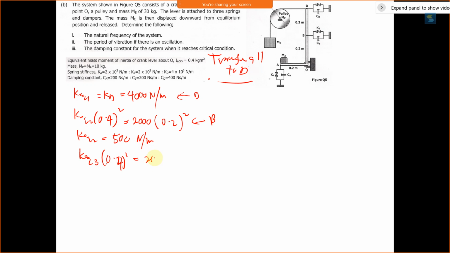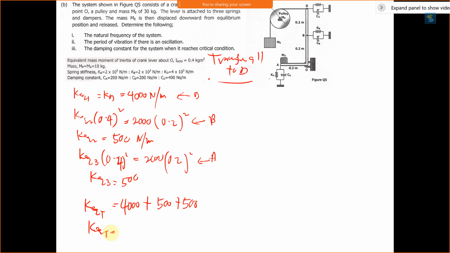KA is 2000 times 0.2 squared. This is for A. Again, kita akan dapat nilai yang sama lah, which is 500 juga. And then our K equivalent total must be 4000 plus 500 plus 500. So K equivalent total equals to 5000 Newton per meter. So that is our first answer.